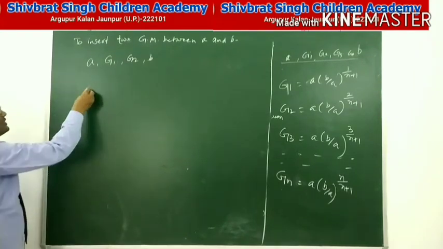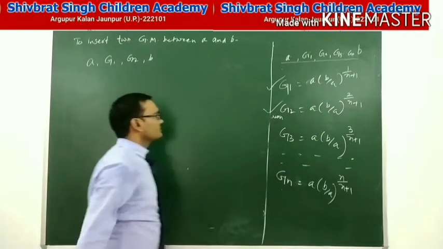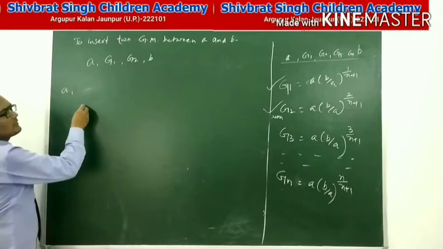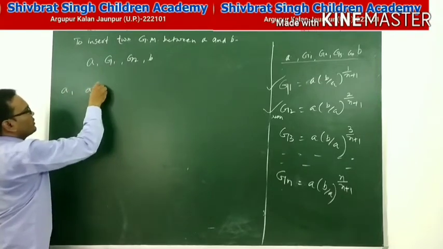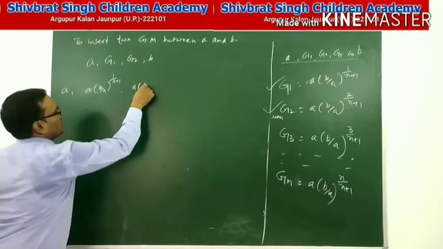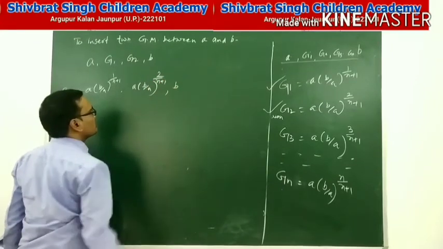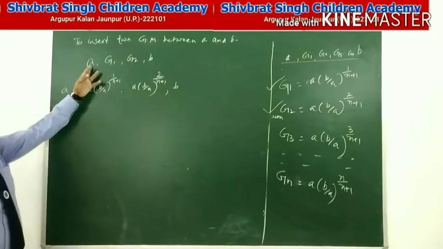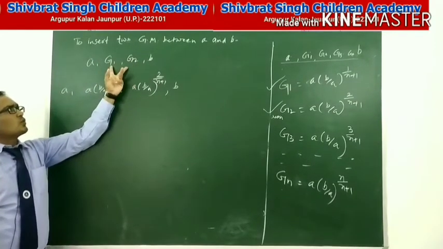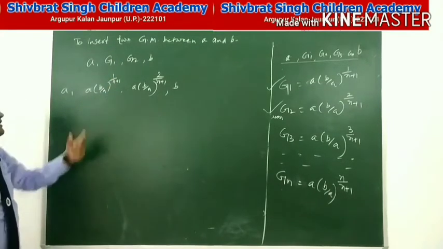Here we find the value of g1 and the value of g2. The series is a, g1 equal to a b upon a to the power 1 upon n plus 1, comma a b upon a to the power 2 upon n plus 1, comma b. How many geometric means between a and b? There are two. Then put the value of n equal to 2 and get the results.